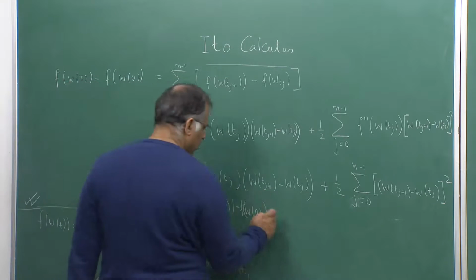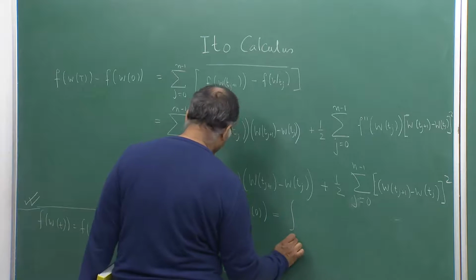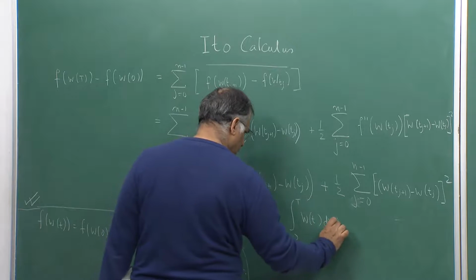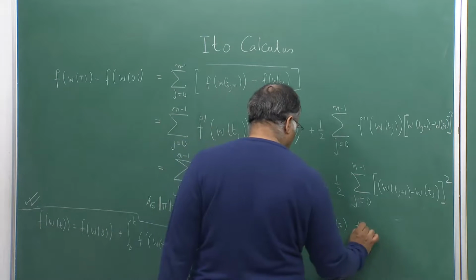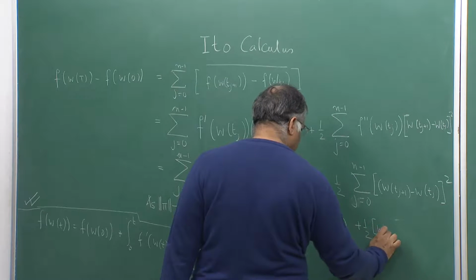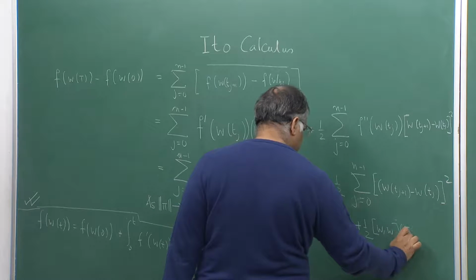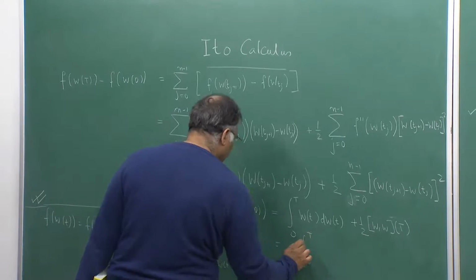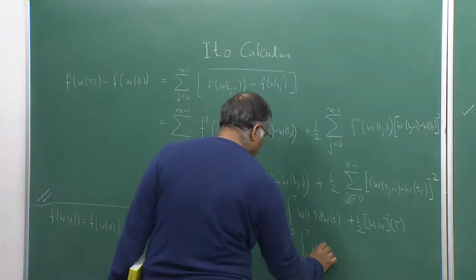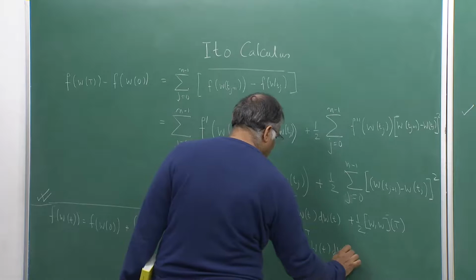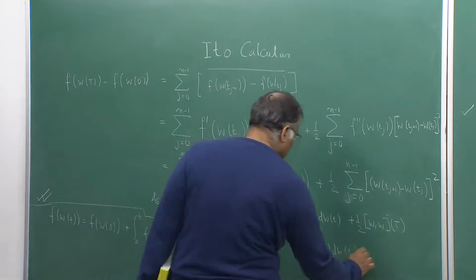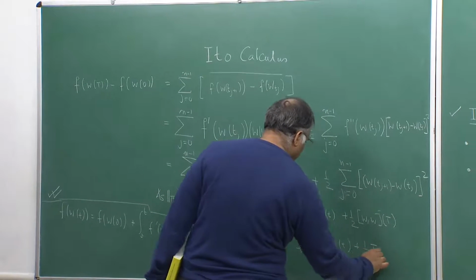This will be nothing but the integral from 0 to t of W_t dW_t, the Ito integral, plus half of the quadratic variation. So, it will be W of t, basically 0 to t W_t dW_t plus half of t.